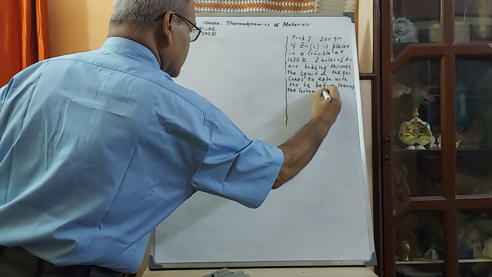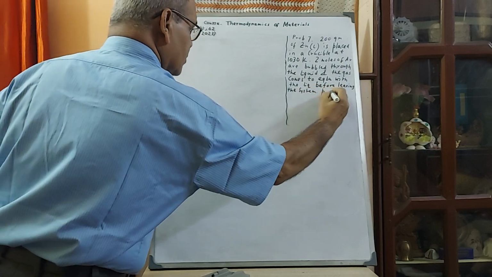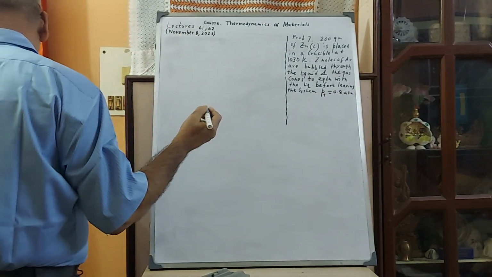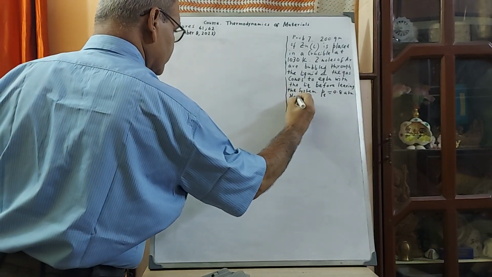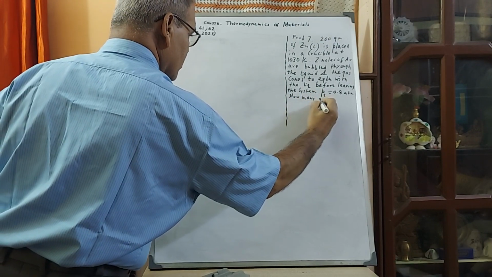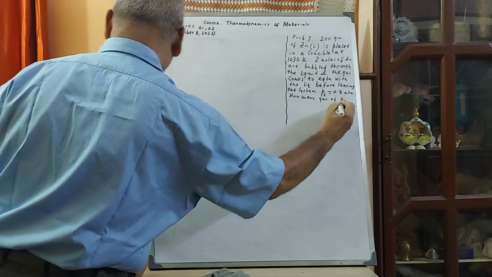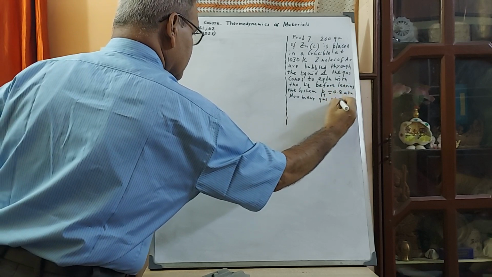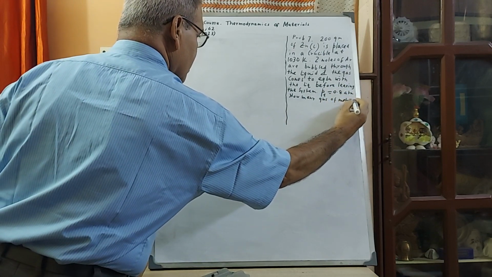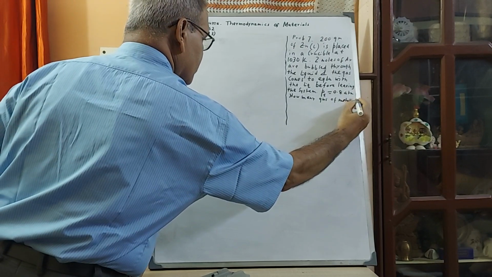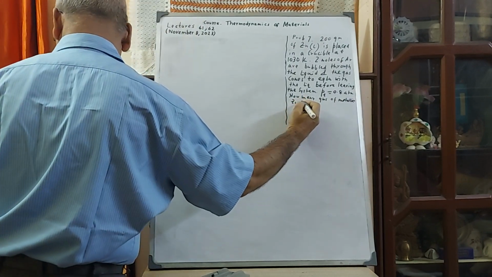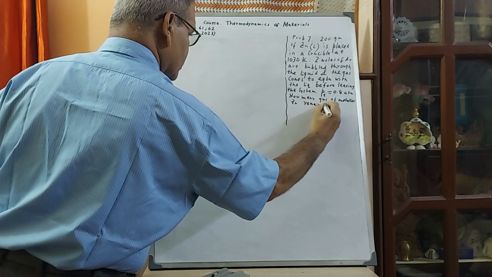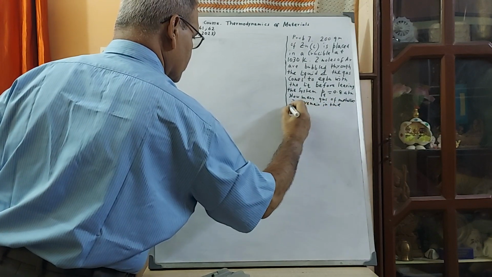P total is 0.8 atmosphere. How many grams of metallic zinc remain in the crucible?